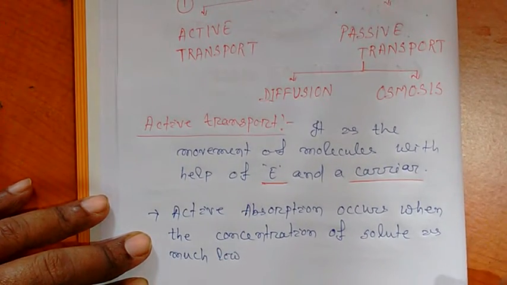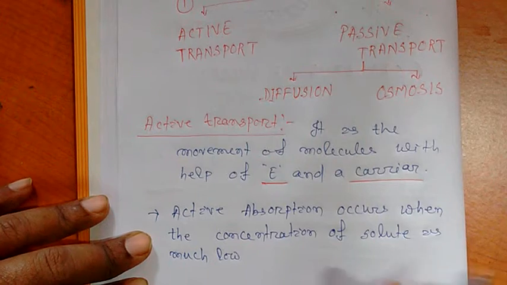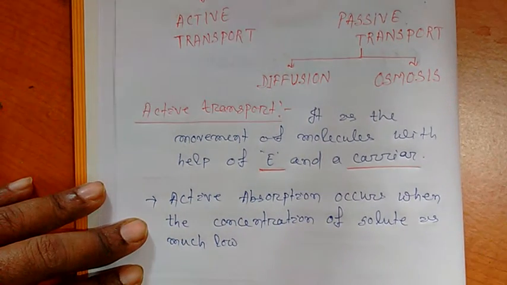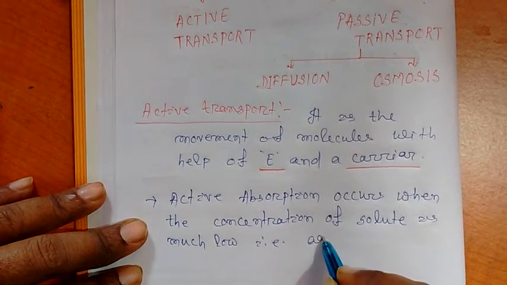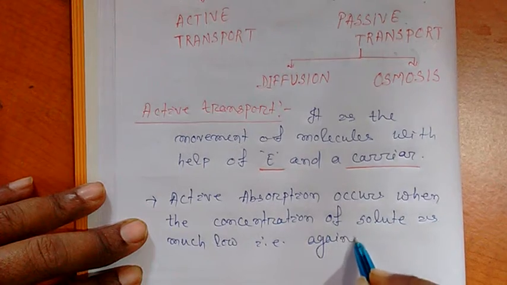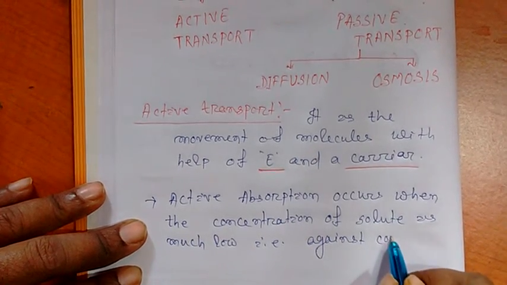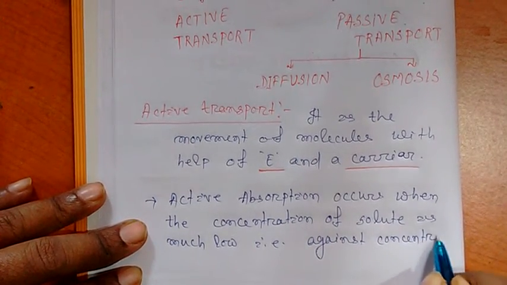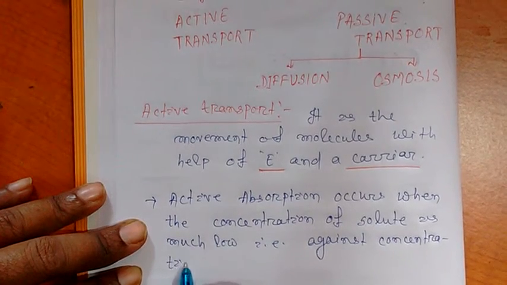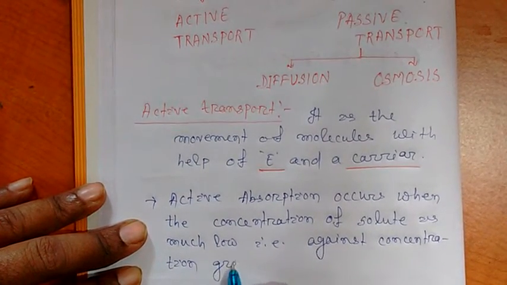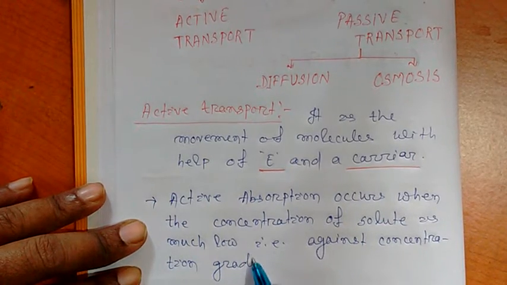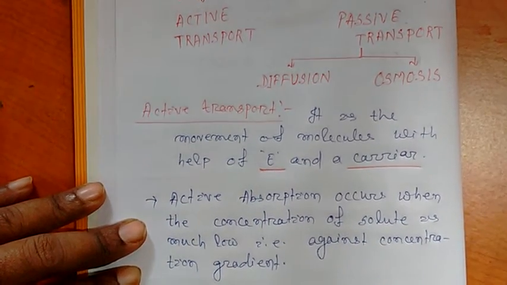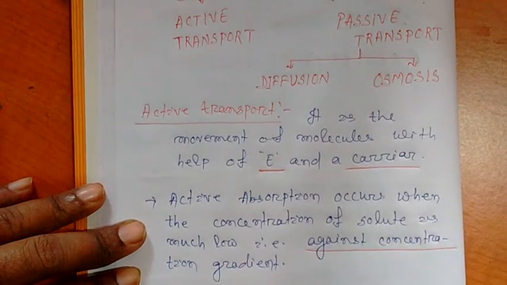I have already told that active transport occurs against the concentration gradient, that is from lower to higher concentration. That's why it requires a carrier molecule and energy.